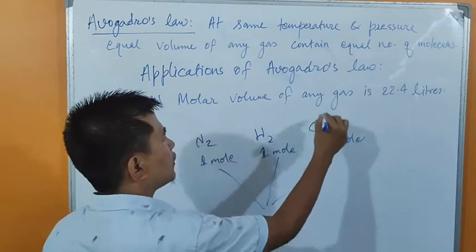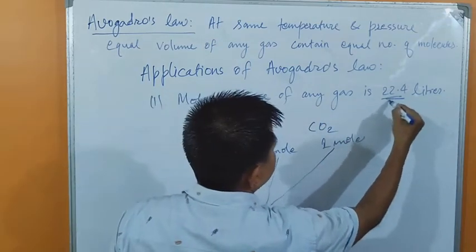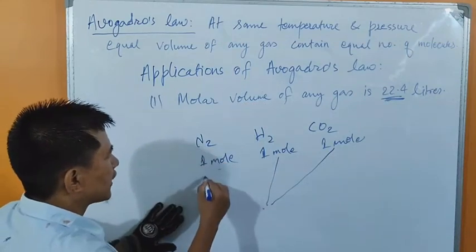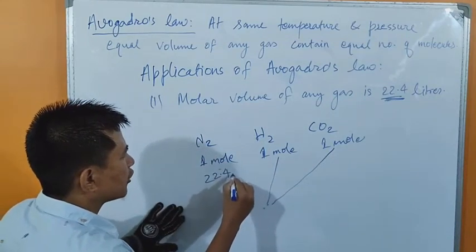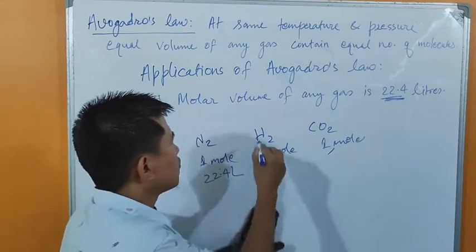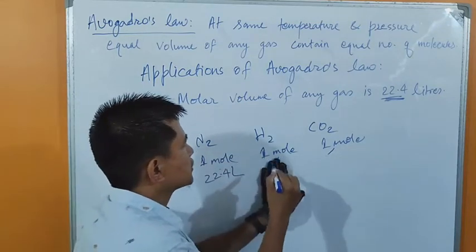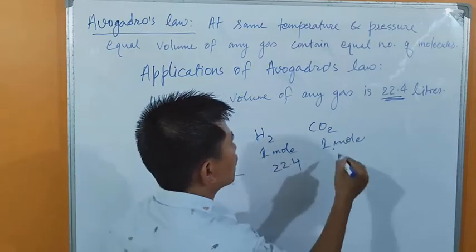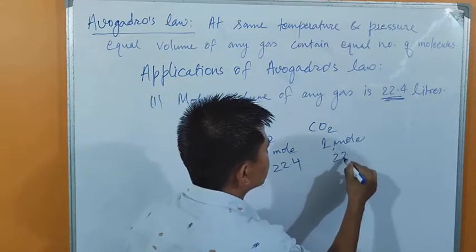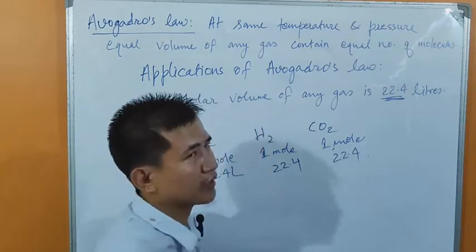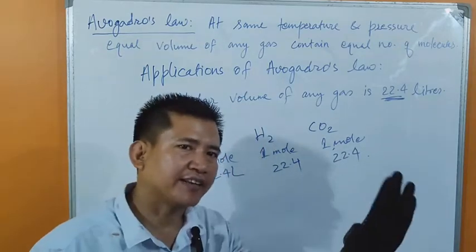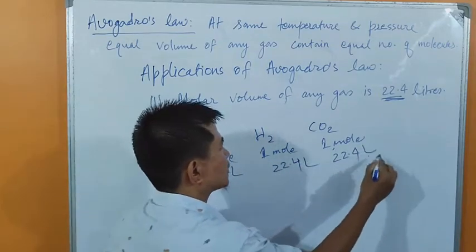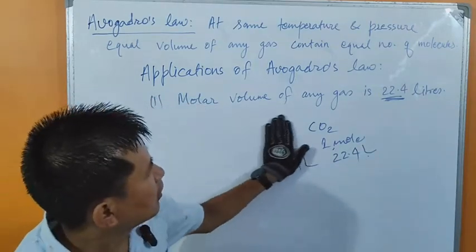All of these will occupy this much volume. This 1 mole of nitrogen has 22.4 liters volume, this 1 mole of hydrogen occupies 22.4 liters, and this 1 mole of carbon dioxide will also occupy 22.4 liters. The molar volume of any gas is 22.4 liters. This is application number one of Avogadro's law.